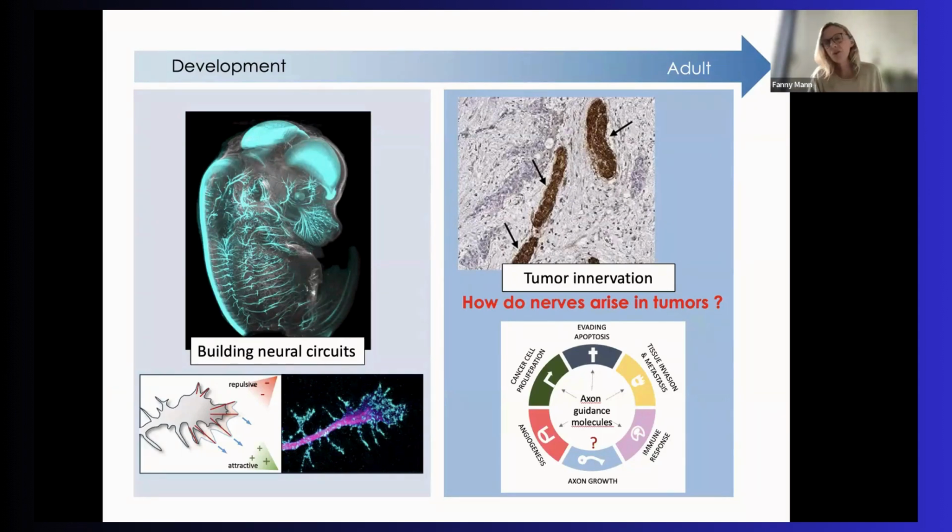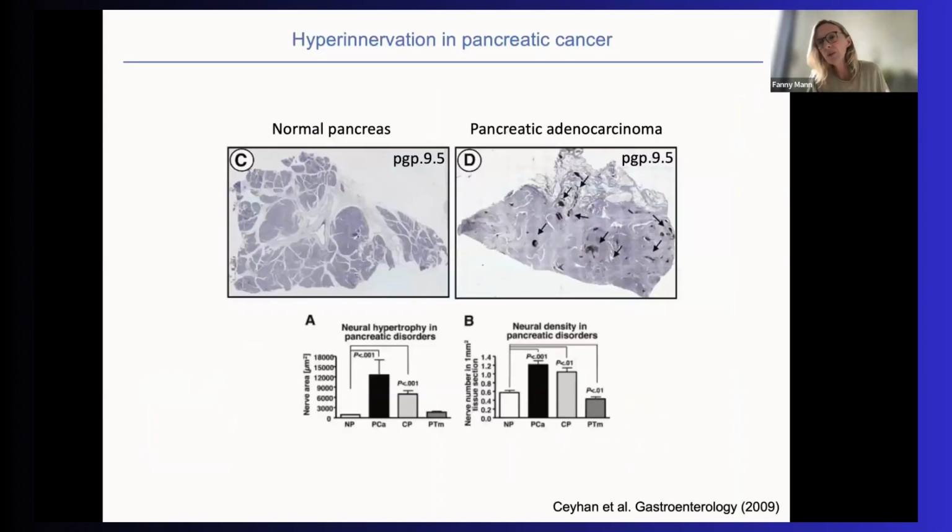So we have chosen to address this question in the context of pancreatic ductal adenocarcinoma. The reason why we chose this type of cancer is because we know that the pancreas is an organ that receives an abundant nerve supply that supports its function of nutritional assimilation and glucose homeostasis.